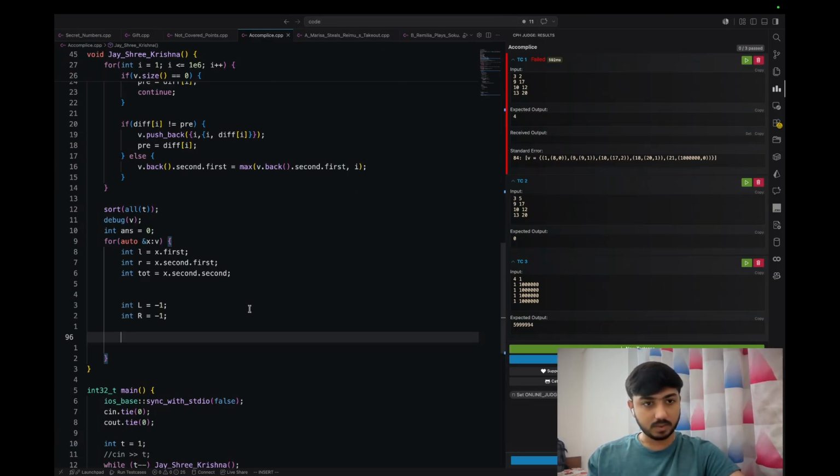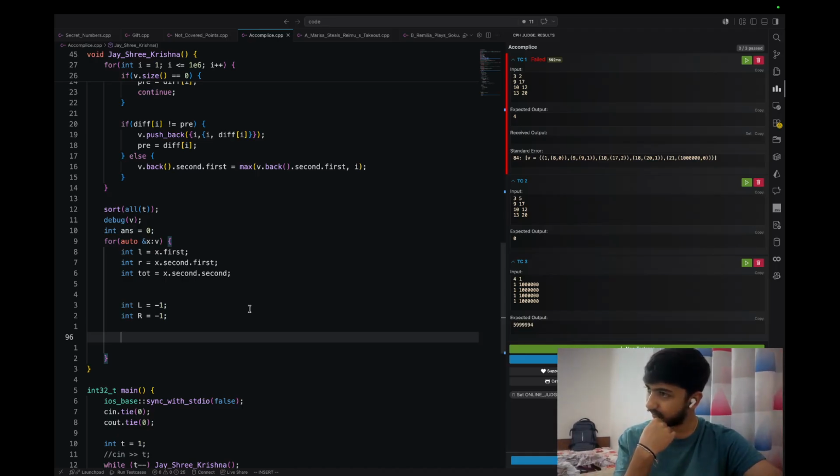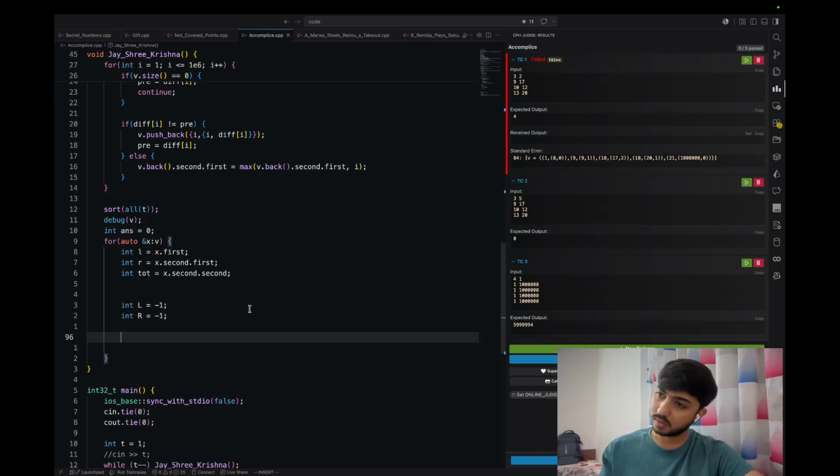So we can perform some binary search here.